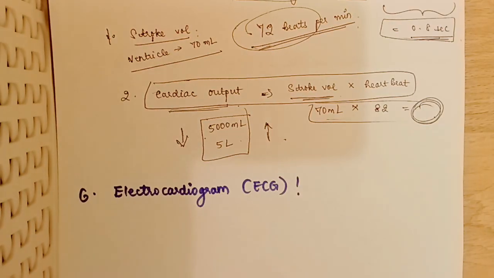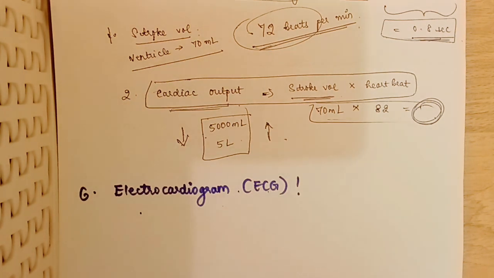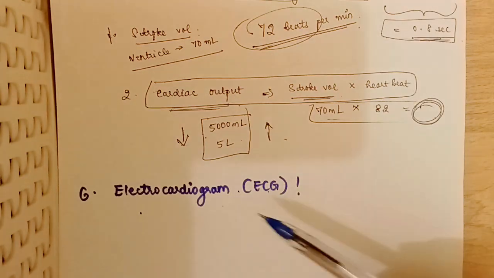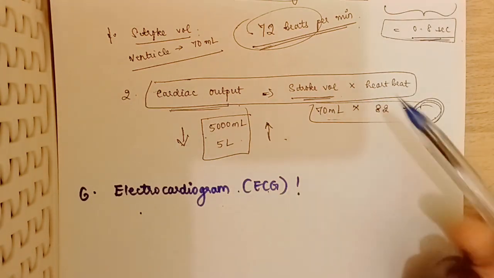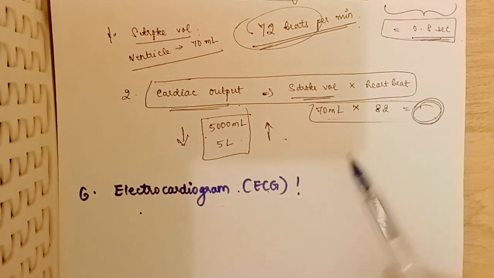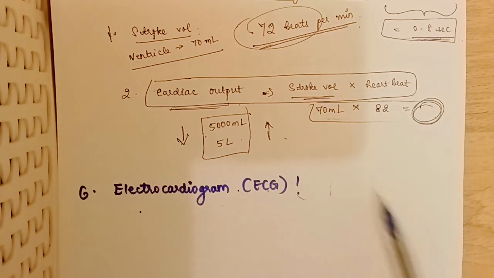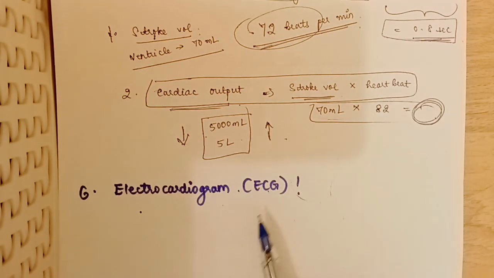The next topic in the textbook is the electrocardiogram, ECG. So what is an electrocardiogram? In most movies, in most hospitals, you might have seen some machines making sounds as the patient goes into cardiac arrest, like beep, beep, and then beep. That is the instrument used for measuring the person's blood flow.